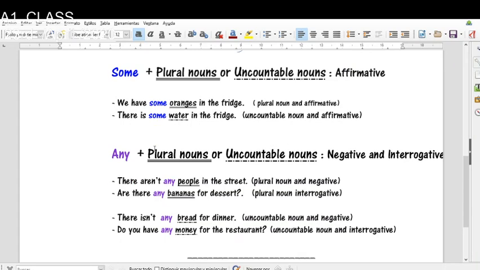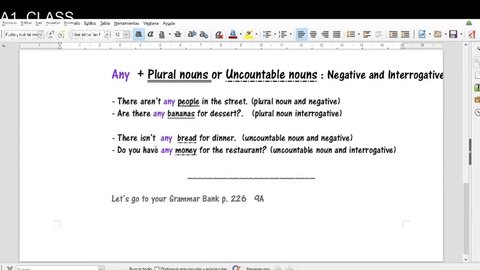And now I need negative and interrogative. Then, when I have a plural noun or an uncountable noun, cuando sean plurales o tengan también un incontable, negative and interrogative, pero negativa o interrogativa, I use any. There aren't, look at the negative, any people. Plural, en negativa, any. Are there any bananas?